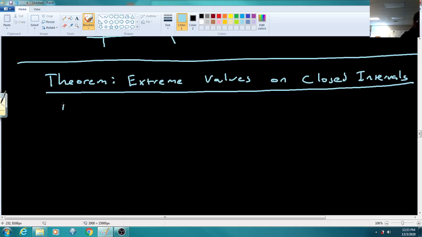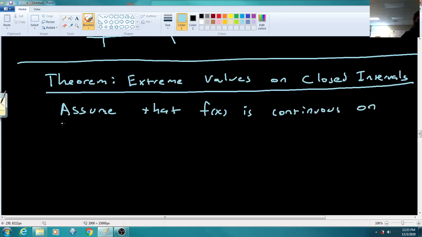So we say assume that f of x is continuous on a closed interval a to b.